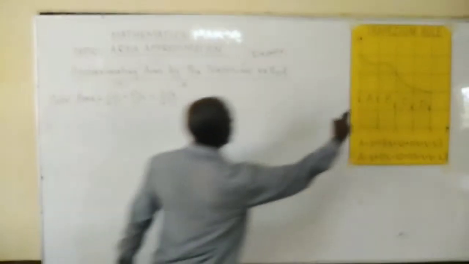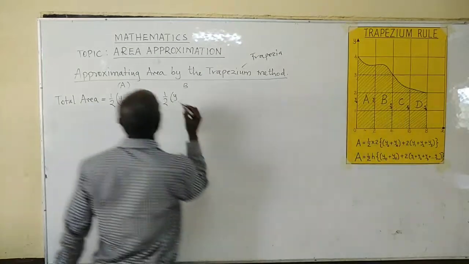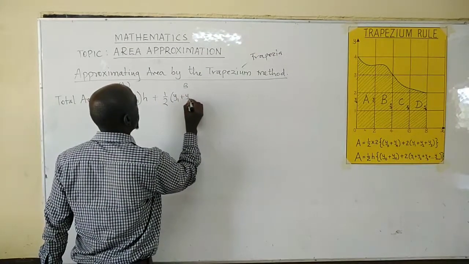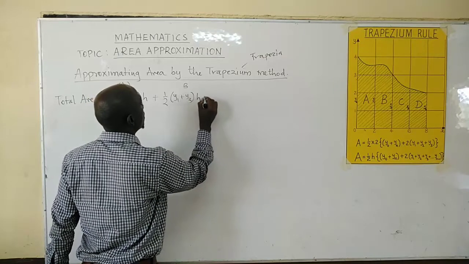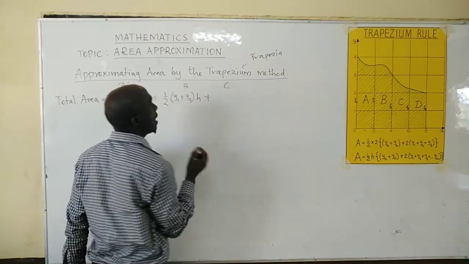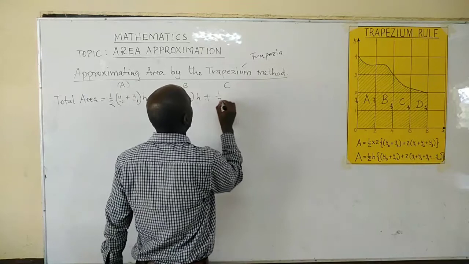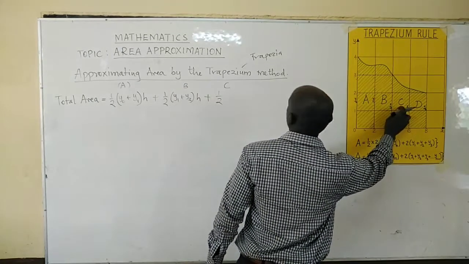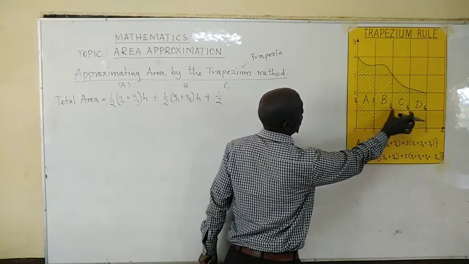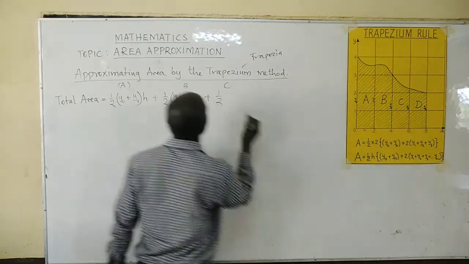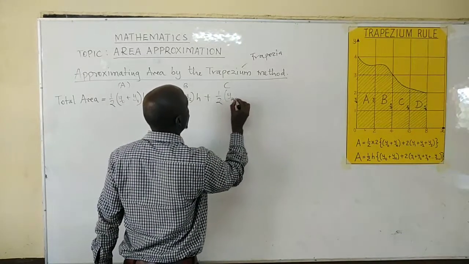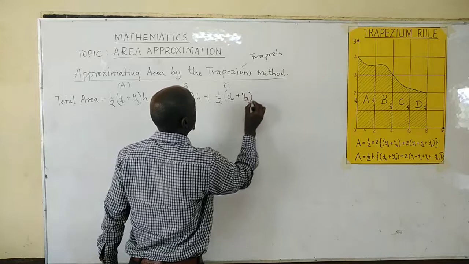So add the area of trapezium B, a half, y1 plus y2 times h, plus the third trapezium, trapezium C, a half, y2 plus y3 times h.